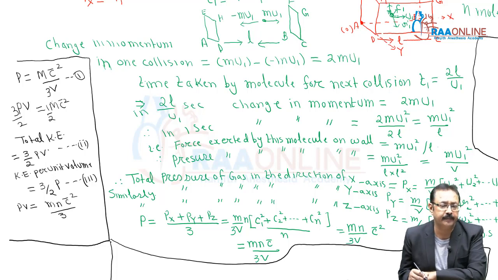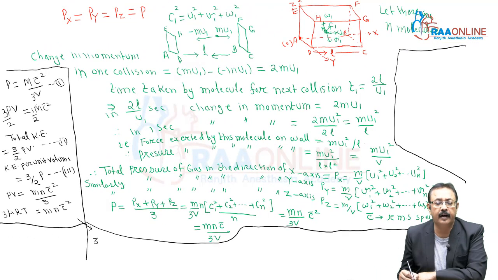But what is PV? PV is mu RT. Take 3 on that side. What is it now? It is mn c bar square. If we are taking 1 mole of gas, then it is 3RT. In 1 mole of gas, the number of molecules is fixed, and that number is known as the Avogadro number.